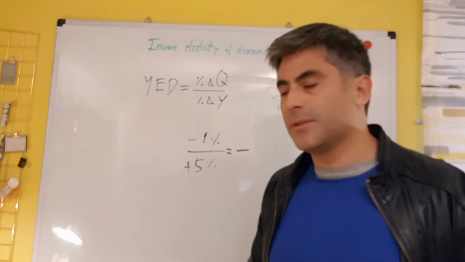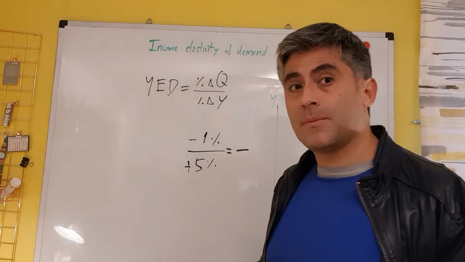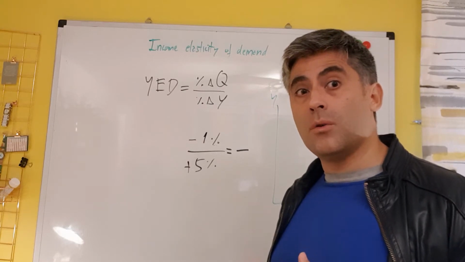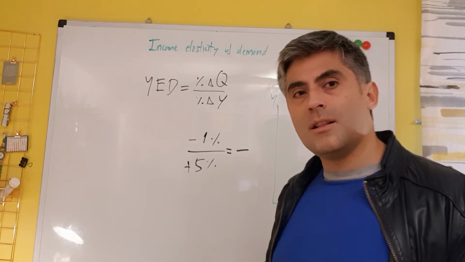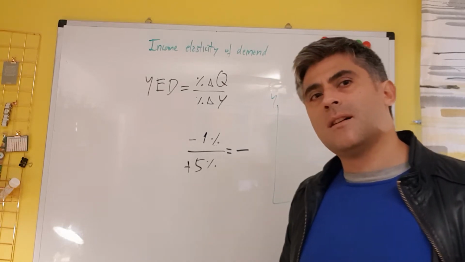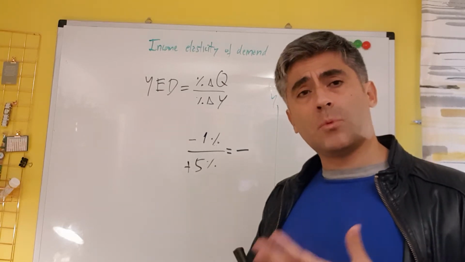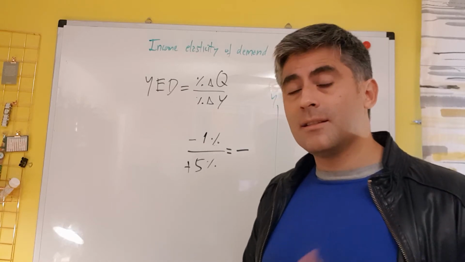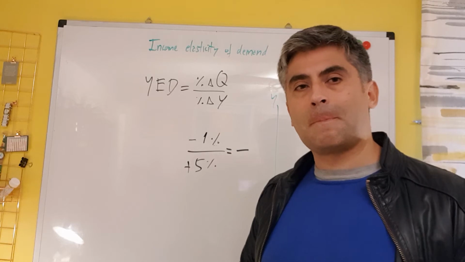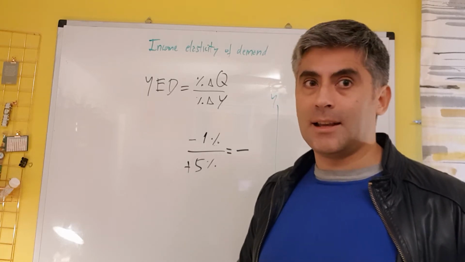The next part is to calculate the relationship. A strong relationship is if the number is 1 or more, ignoring the sign, and that will be elastic. A weak relationship is less than 1, ignoring the sign, and that will be inelastic.